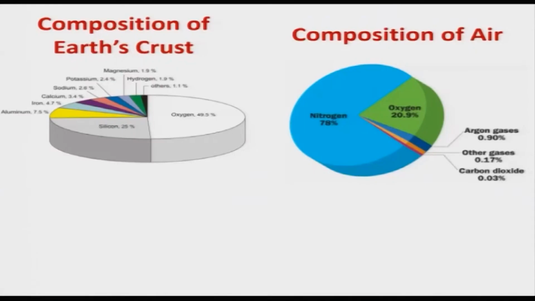As one can see, dioxygen is the most abundant element in the composition of the earth's crust, and in the composition of air the dioxygen concentration is around 20.9%, a huge concentration.